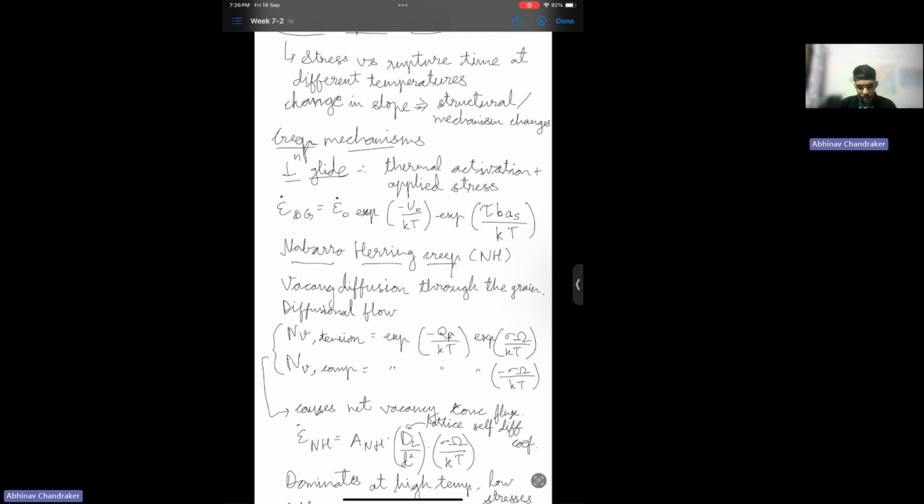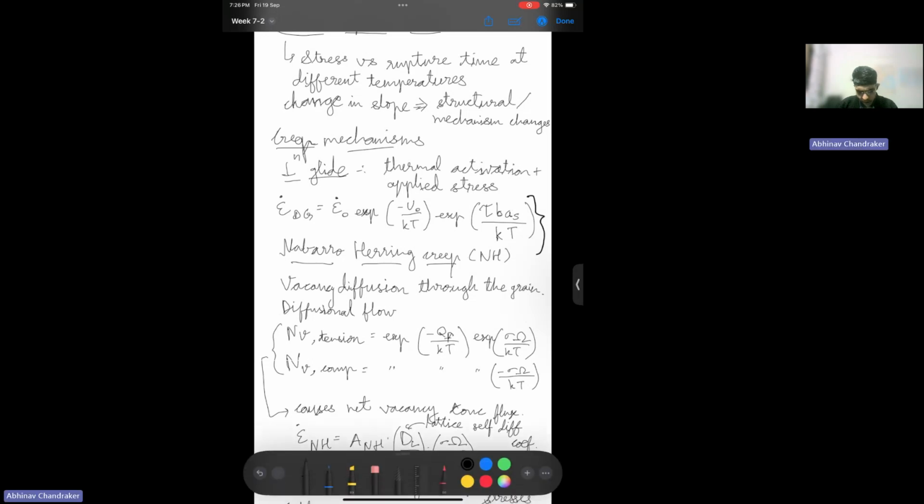But here thermal activation also becomes important because stresses are lower as well as temperatures are higher. So because of that, thermal activation will also have an effect, and we give it by this equation, the strain rate due to dislocation glide.